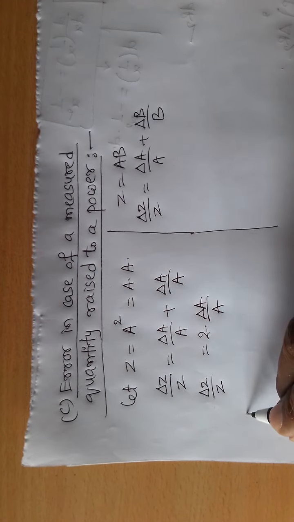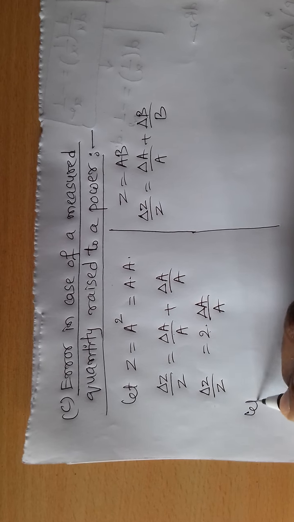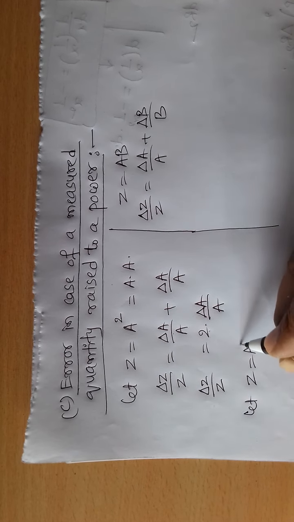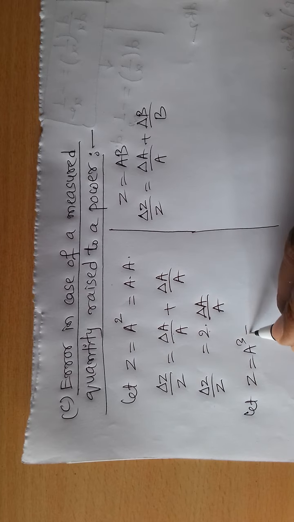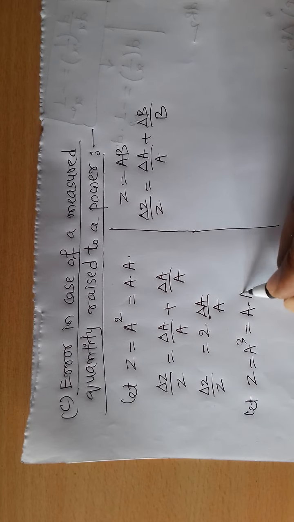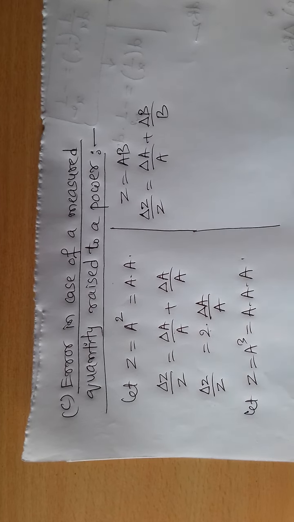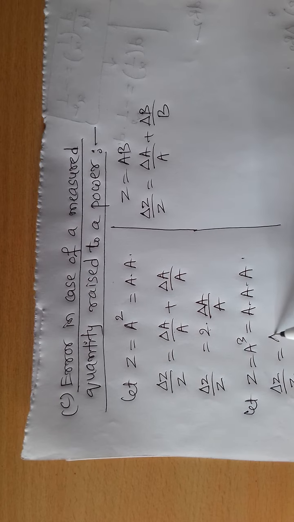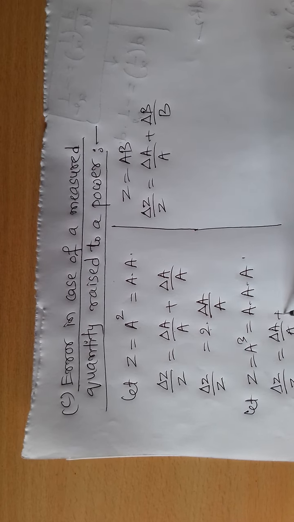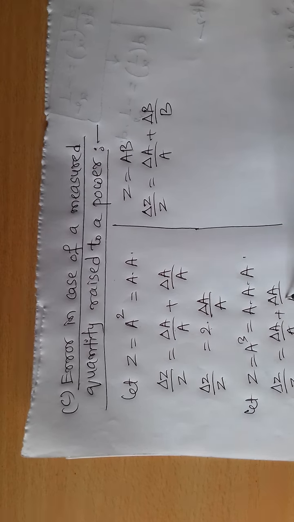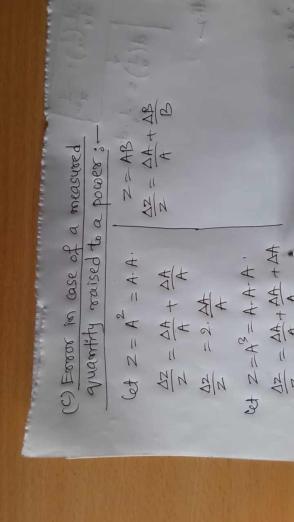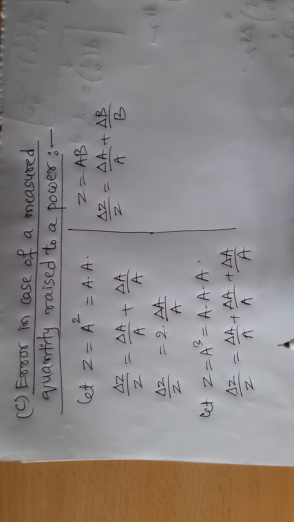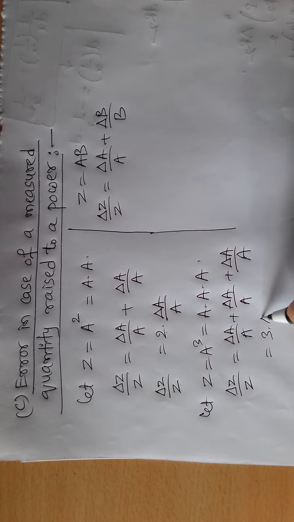Similarly, if you consider z is equal to a cube, for example, it can be written as a into a into a. Now you get delta z by z is equal to delta a by a plus delta a by a plus delta a by a. So that you get 3 into delta a by a.